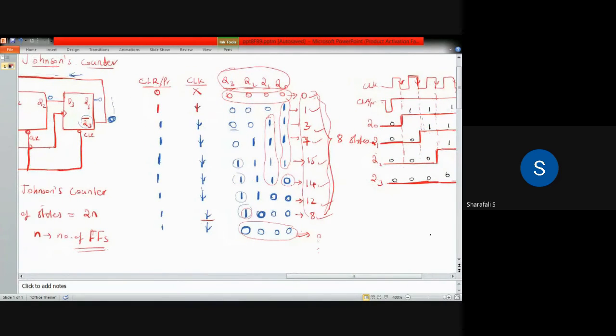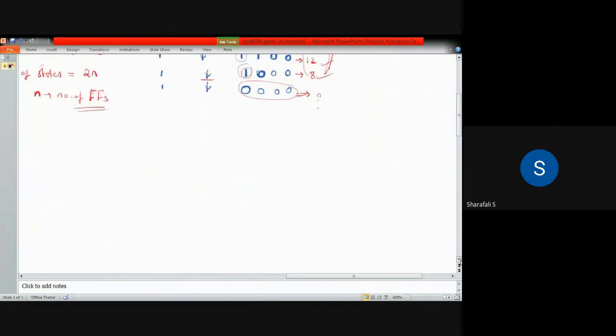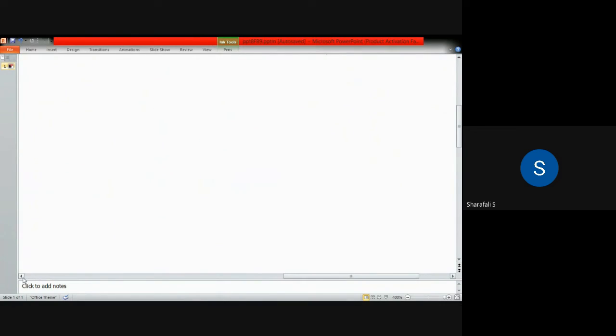We will discuss the asynchronous counter, also known as the ripple counter. I'll just explain what this ripple counter is.